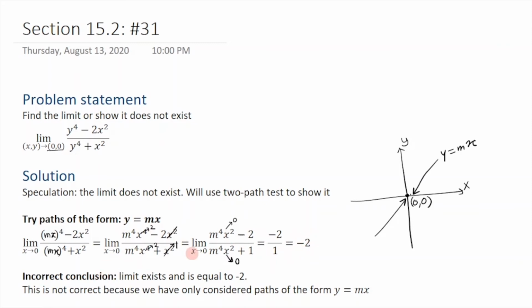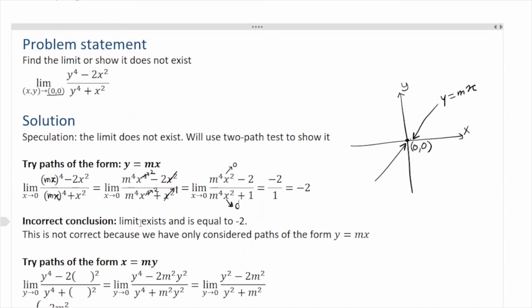Now, a lot of students, when they see this, conclude incorrectly that the limit is equal to negative 2. The reason this is not the right conclusion is because we've only considered one kind of path of this form. This is not all possible paths. So let's try another path and see if the limit is the same.